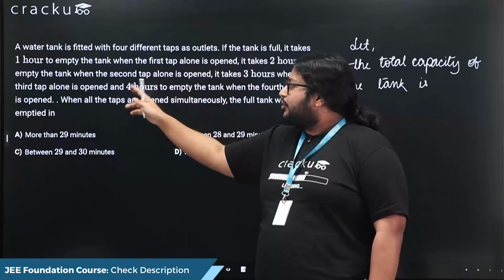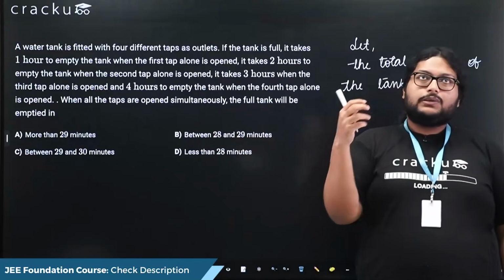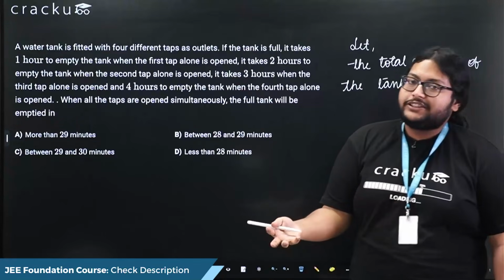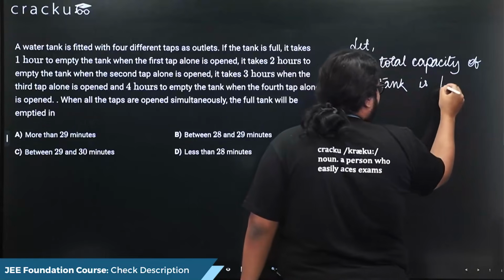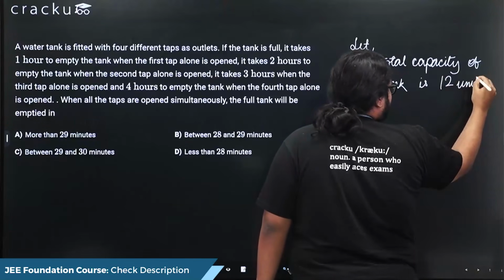So I have 2, 4 and 3. The closest is the LCM of 2, 4 and 3, which is 12. So I'll say let the capacity of the tank be 12 units.